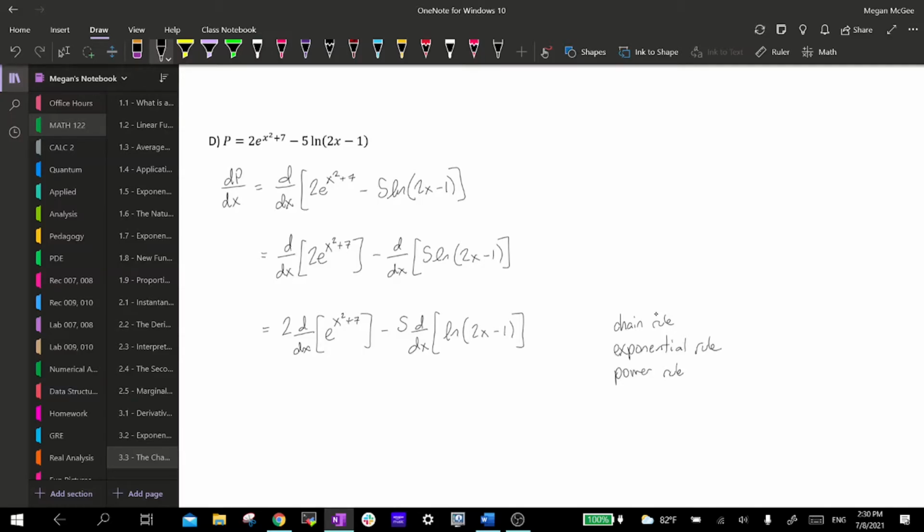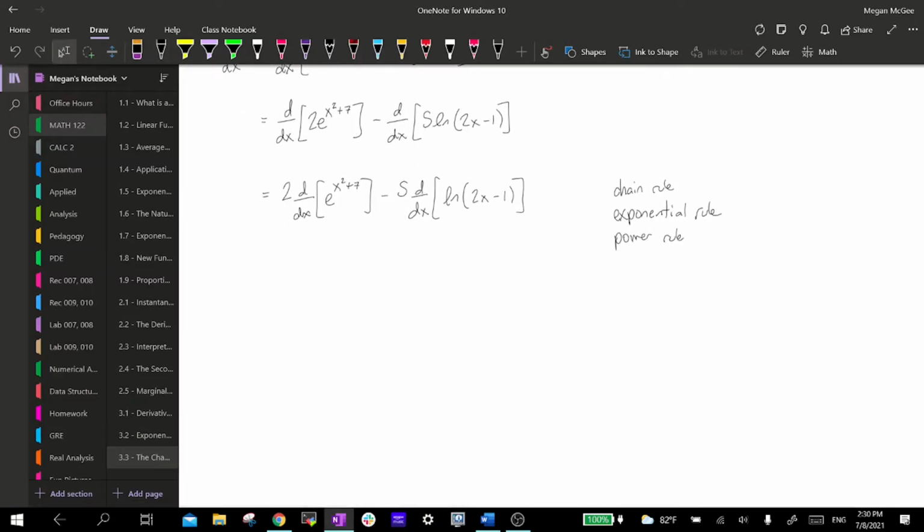We're going to need to determine these inside and outside functions for both of these split derivatives. So let's focus on one at a time. Let's focus on this one here first, specifically just what's inside here. Let's find the inside and outside functions.